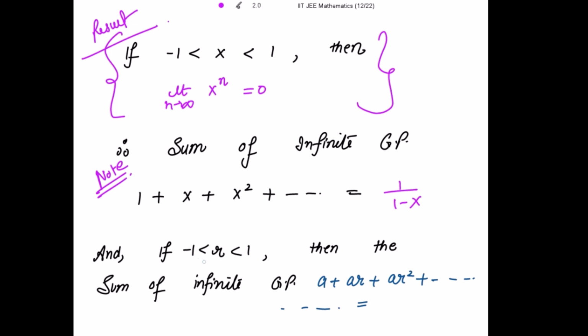If r is strictly greater than minus 1 and less than 1, then the sum of the infinite GP a plus ar plus ar square and so on is equal to a divided by 1 minus r. This is very important. So these are the few results or remarks which can be taken as a very important note, where we calculate the sum of the infinite GP or the finite terms.